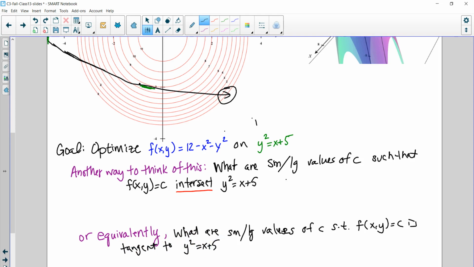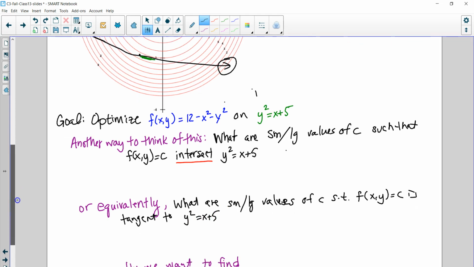Also, just for my own ease, so I don't have to continue to write this, I'm going to say h of x, y is equal to y squared minus x, and this is equal to 5, a constant.